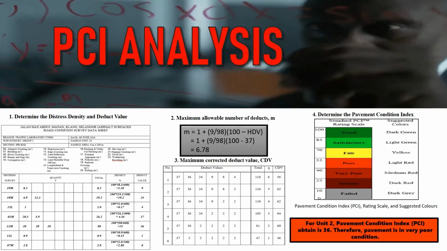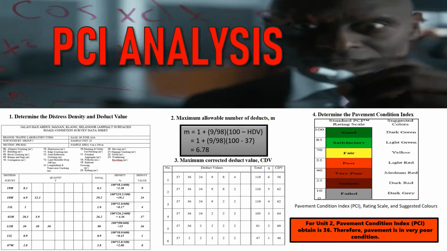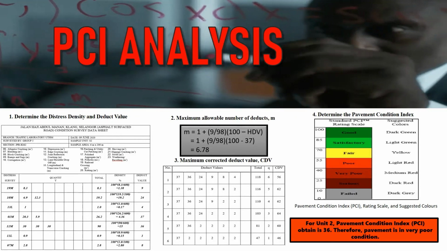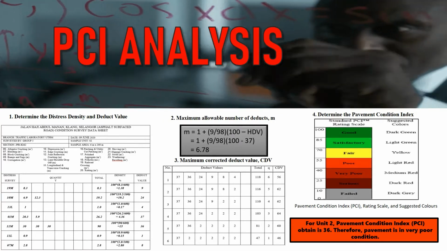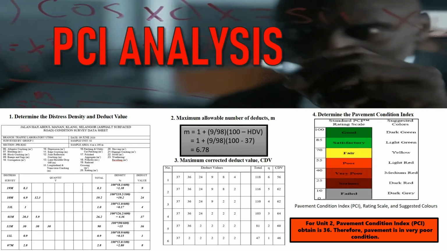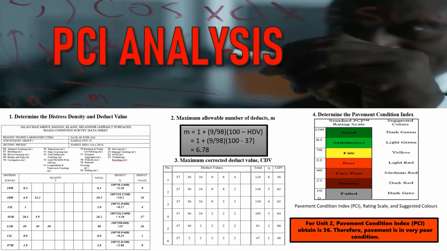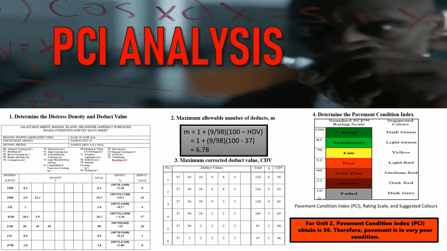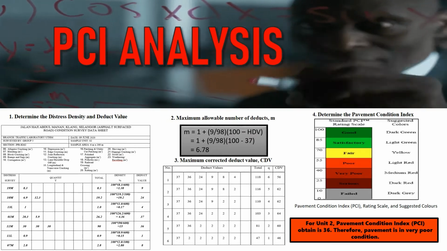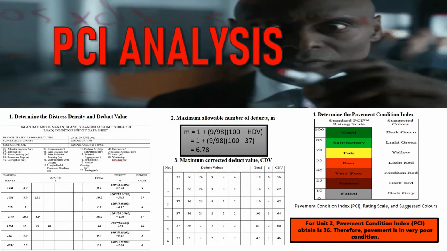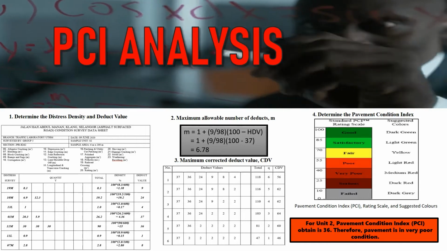After that, the maximum corrected deduct value CDV is calculated and the value obtained is 64. Lastly, using the formula to determine the PCI, for Unit 2 the PCI obtained is 36. Therefore, the pavement is in very poor condition.